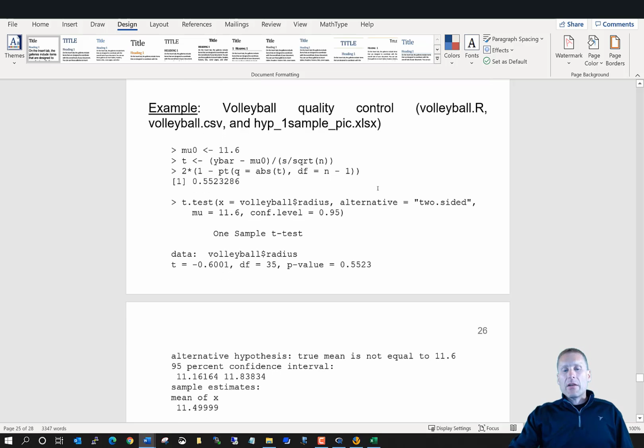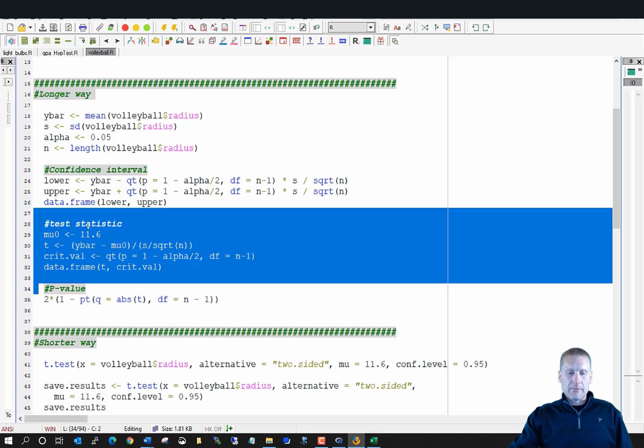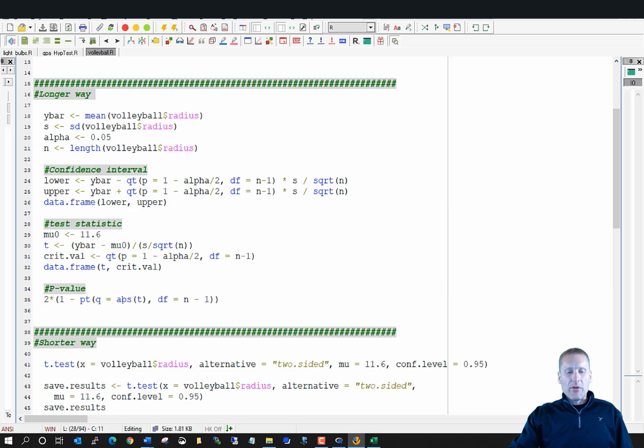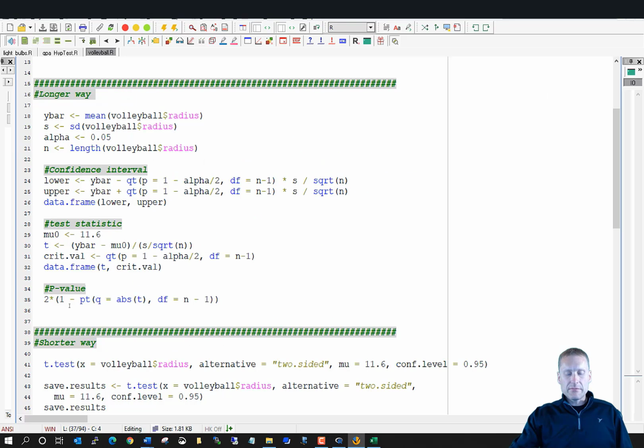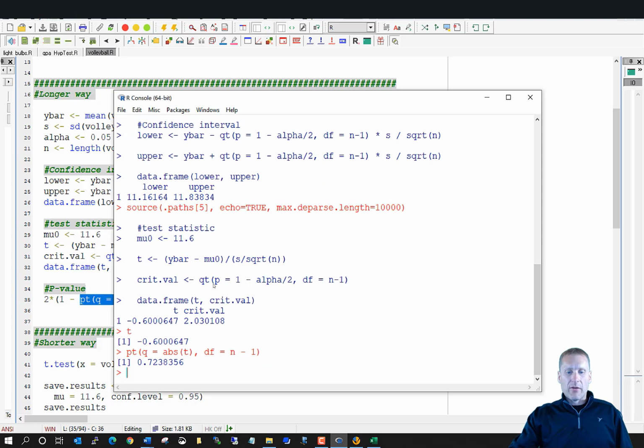Okay, so let's take a look at how we would do this in R then. To compute the p-value, again we have t is negative 0.6. We're going to find the probability to the left of the absolute value of 0.6, which is 0.728.